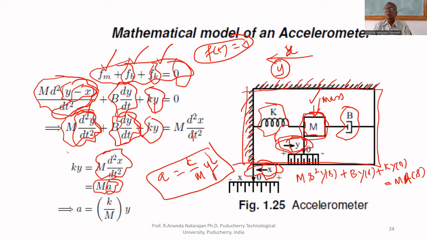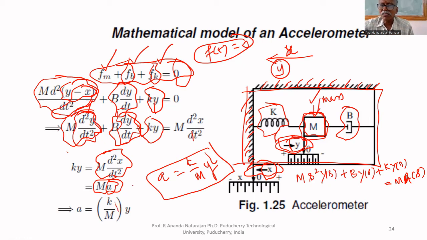What is the input? Input is displacement y. Therefore, I said it the other way: y is the output, acceleration is the input. For an accelerometer, what is the input? Acceleration is the input. What it gives is the measurement of acceleration in terms of y.